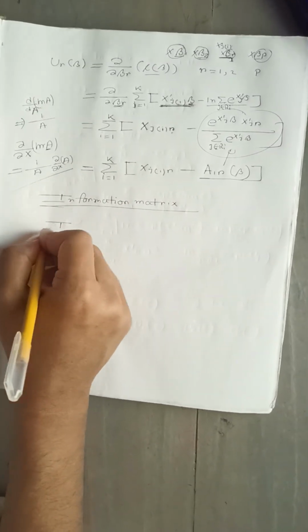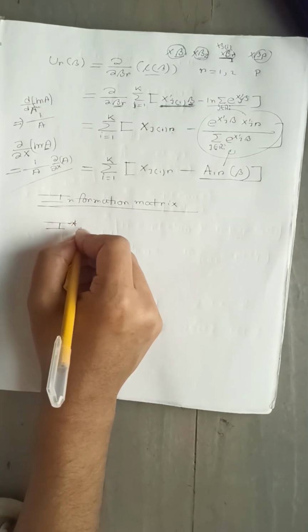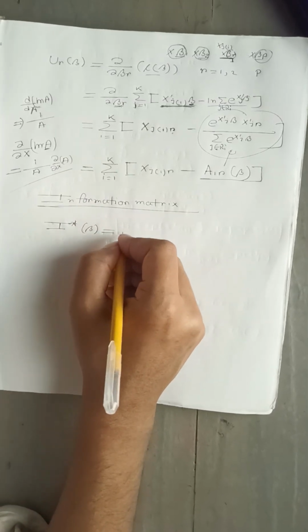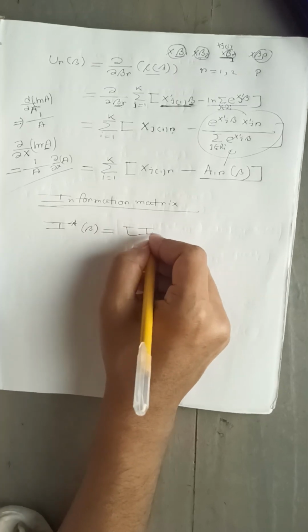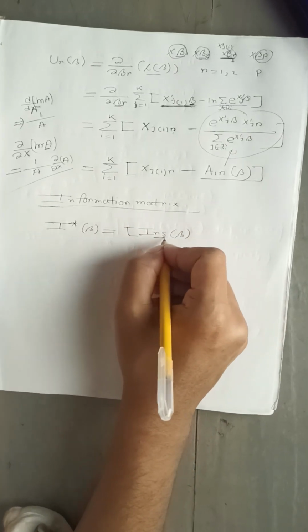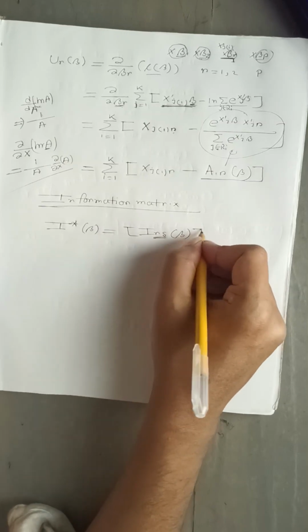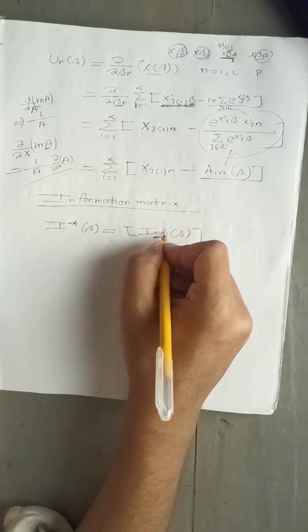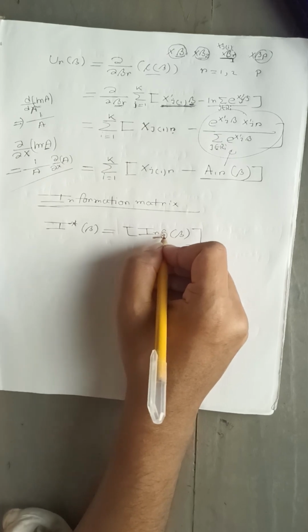I denote it like I star beta, and it is nothing but something like I_rs of beta. I just write in terms of the subscripts, and you can now ask me a question: where does this s come from? It's a new one.